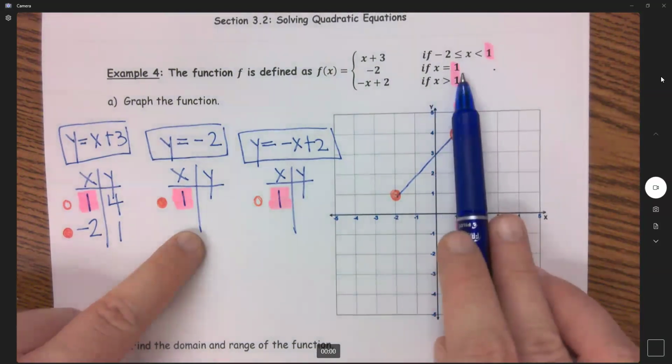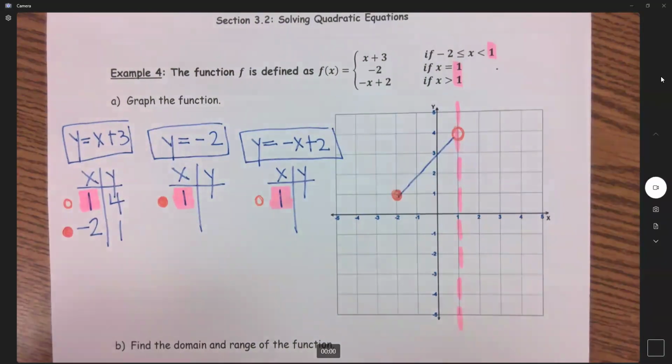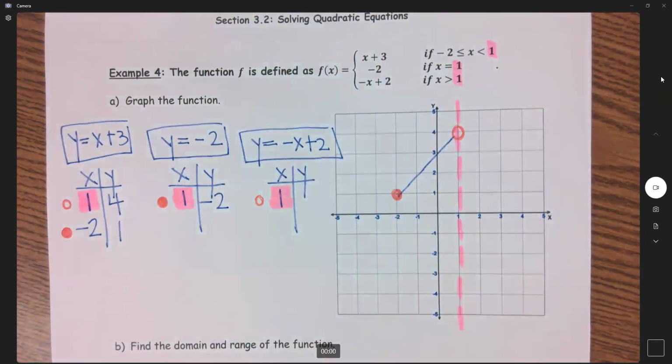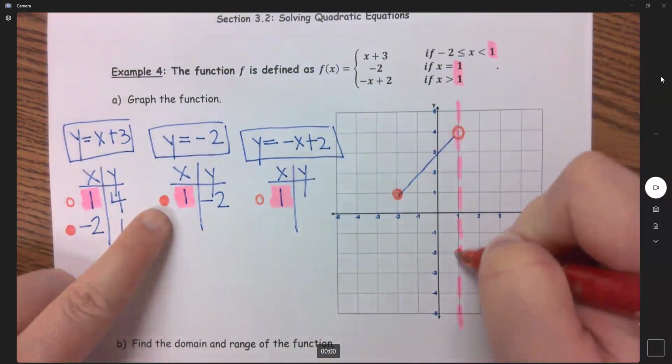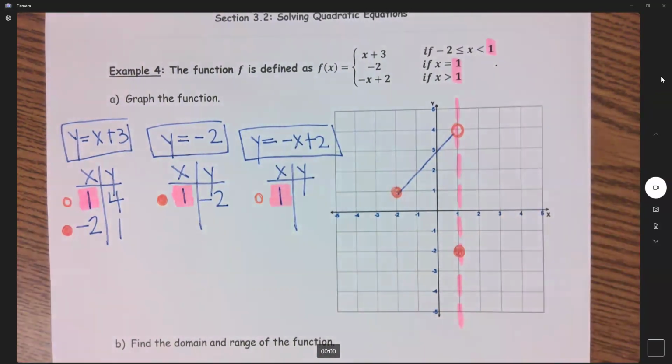When x equals -1, my y simply equals -2. So at the point -1, -2, nice big bold point right there. And that is it.